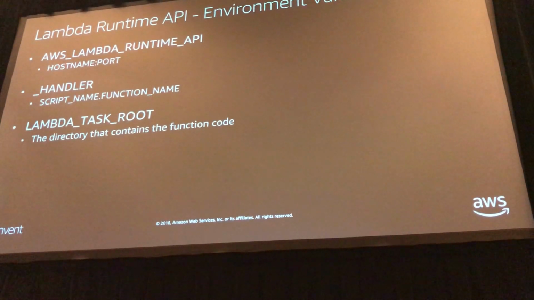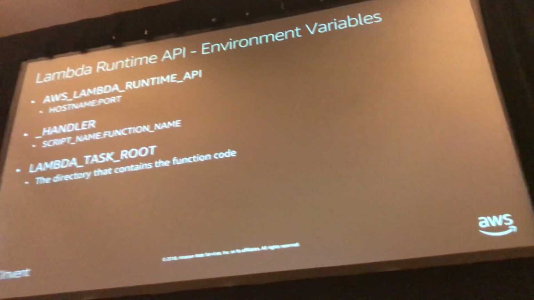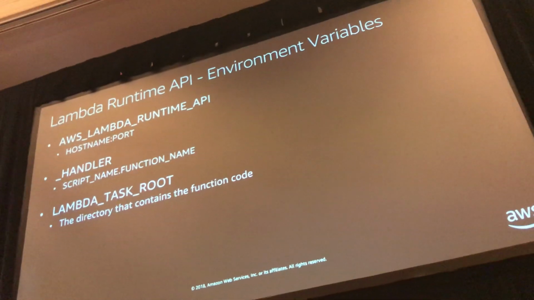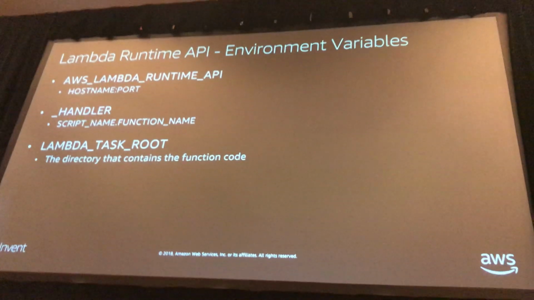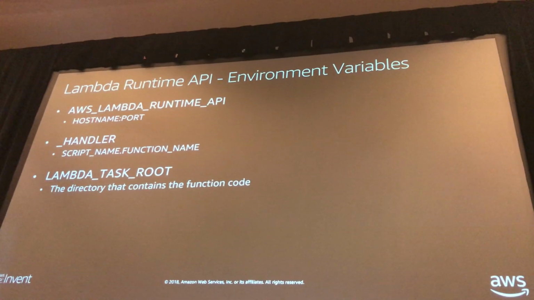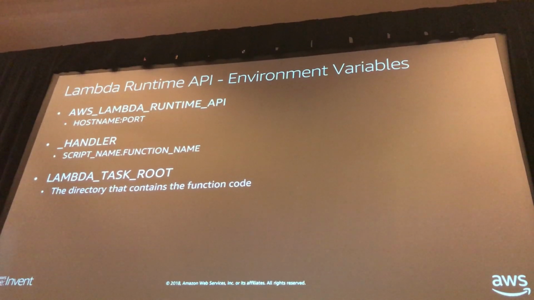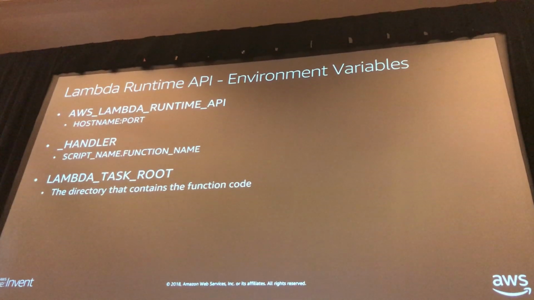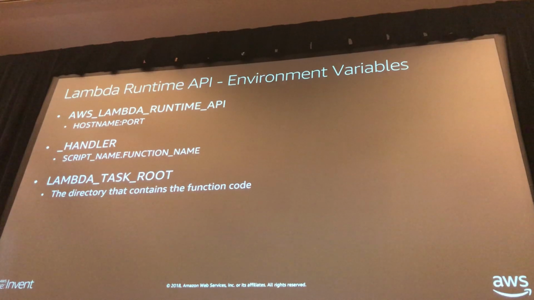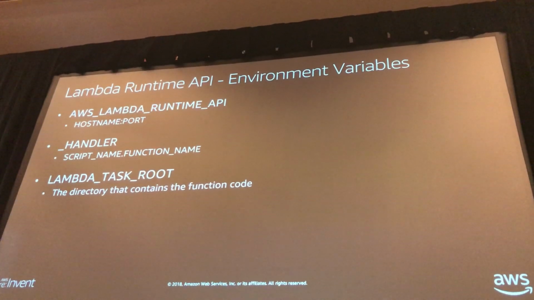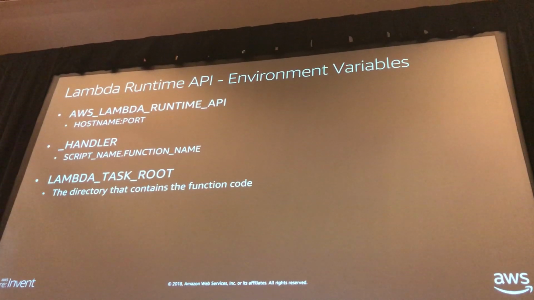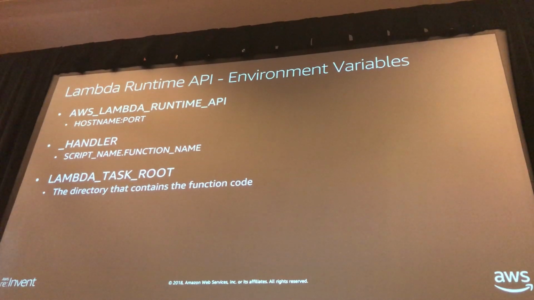So the bootstrap executable will receive these three environmental variables. The first two are new. So AWS_LAMBDA_RUNTIME_API, in the form hostname:port, will be the endpoint to call to get new events and to send the response back. So this is the main interface for the bootstrap.